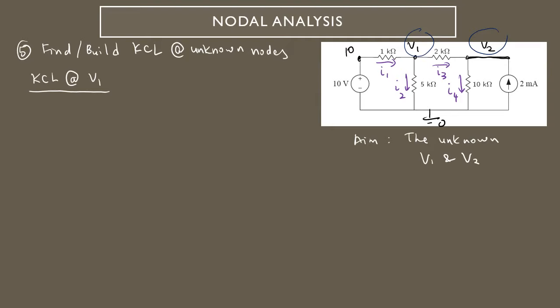Let's take KCL at V1. You have this 1 kilo ohm here. If you are unsure, you can redraw your circuit and take up all values. You have 2K here and V2 here. But you need to remember to copy it correctly.